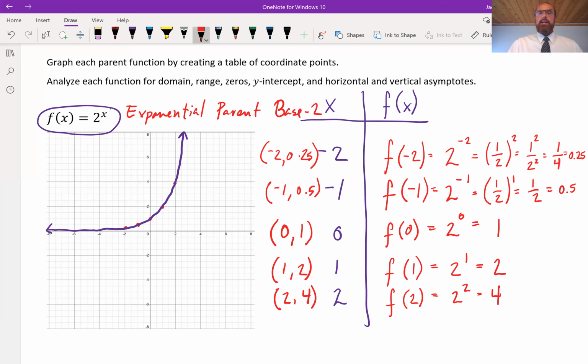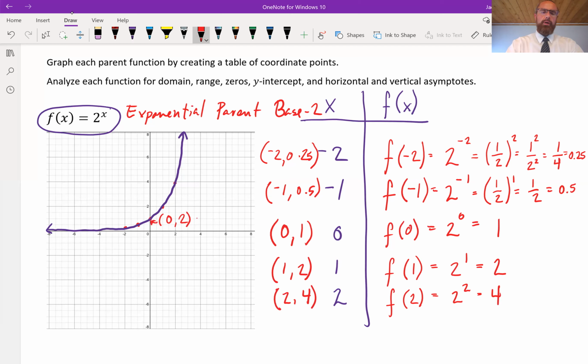At this time, our task is to analyze for this list of characteristics. Now, as you're graphing, you're bound to notice some of these. In fact, we've already analyzed for the y-intercept. So I'm going to plot here the y-intercept at 0, 1.